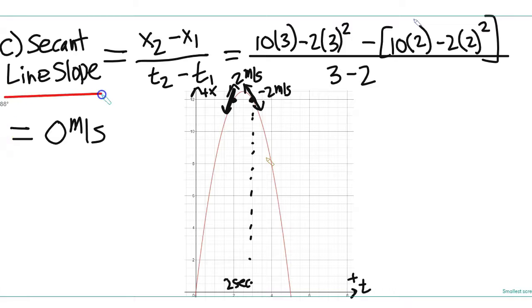This secant line slope is the average rate of change between these 2 points, and it is exactly 0. So you can get this either graphically or analytically. I think analytically is definitely faster, but graphically should confirm.